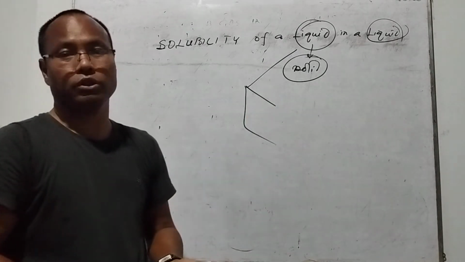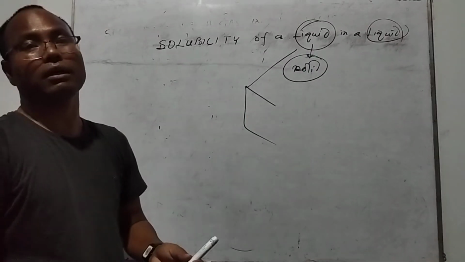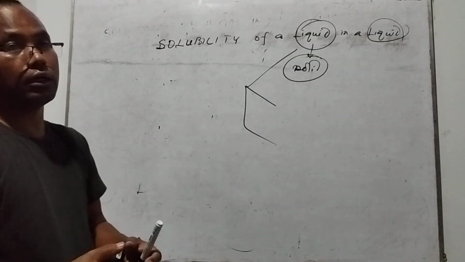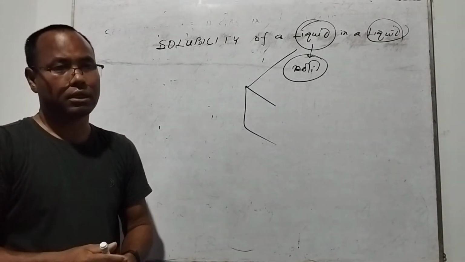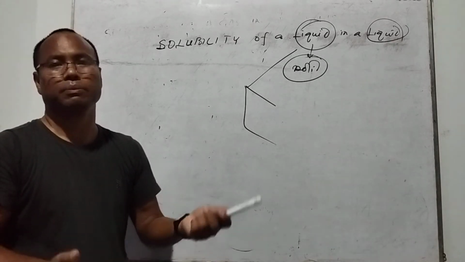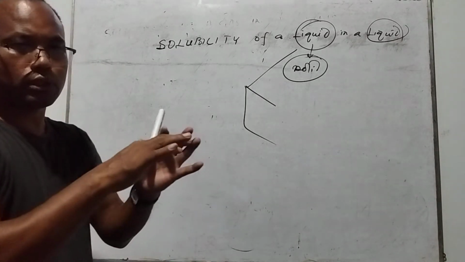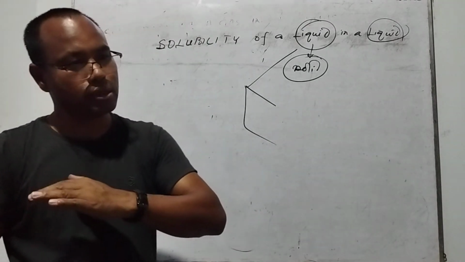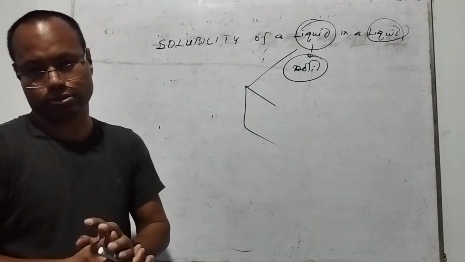These types of solids we call volatile substances. Some of the liquids are non-volatile, which means they do not vaporize easily. So some substances are volatile, some substances are non-volatile, right?